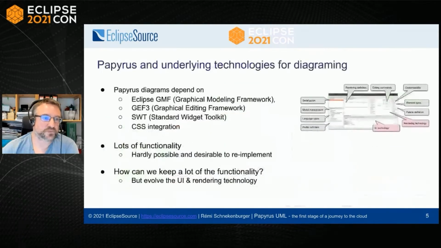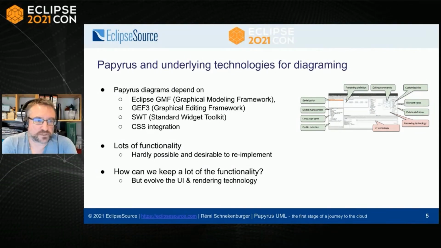Because these ones were based on old technologies, or I would say technologies that were 15 years old. For example, for the Papyrus diagrams, we rely on the Eclipse graphical modeling framework, which itself relies on SWT and Draw2D. Frameworks which are 15, 20 years old.